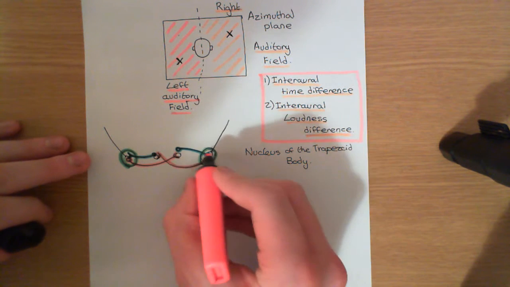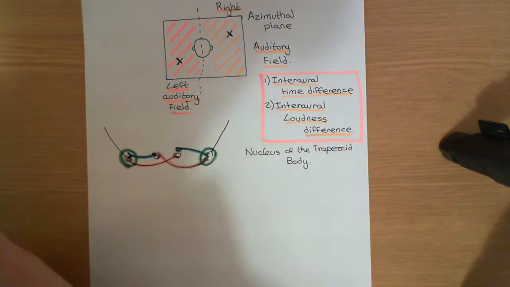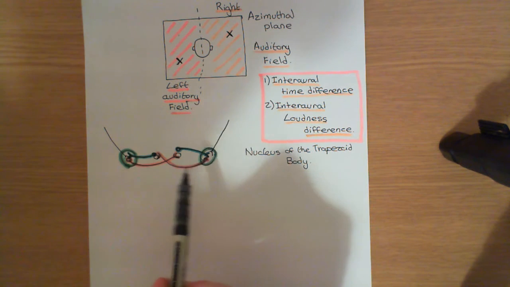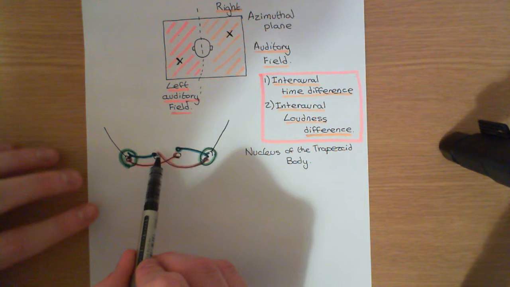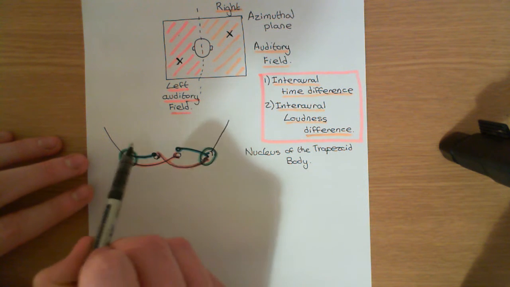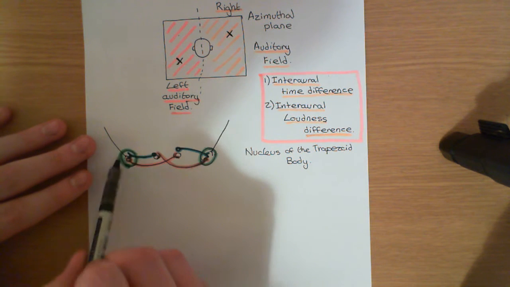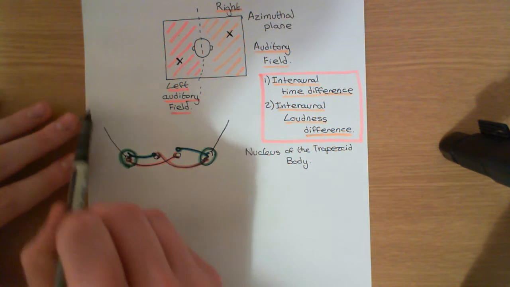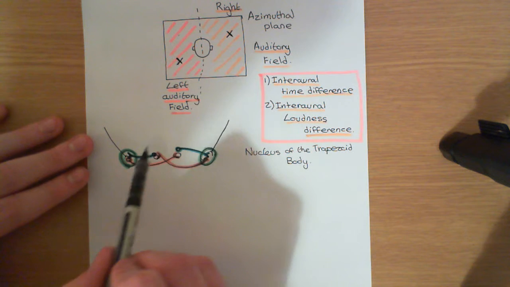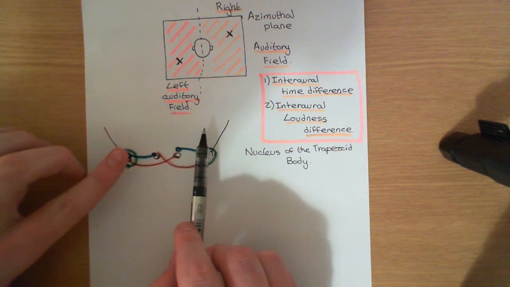So this superior olive has become activated first. It now goes over and activates the nucleus of the trapezoid body on the right hand side, and that contains inhibitory neurons which will go into the superior olive on the right hand side and inhibit it. So when the dorsal cochlear nucleus tries to activate this right superior olive later because of the interaural time difference, it won't be activated. So that one will be turned off and this one will be turned on.